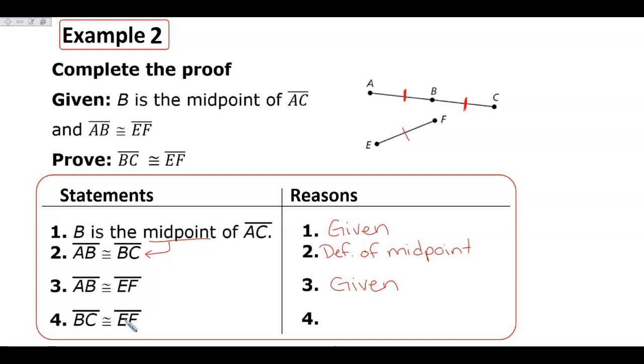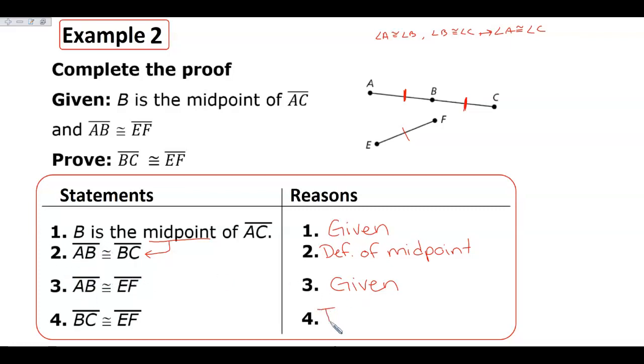Well, remember that property that we did in 2.5 where I said, and I'm going to use angles just because it's easier to write, if angle A is congruent to angle B and B is congruent to C, then we know angle A is congruent to angle C. That was our transitive property. Okay, so that's what we're using here. Both of these are congruent to AB.